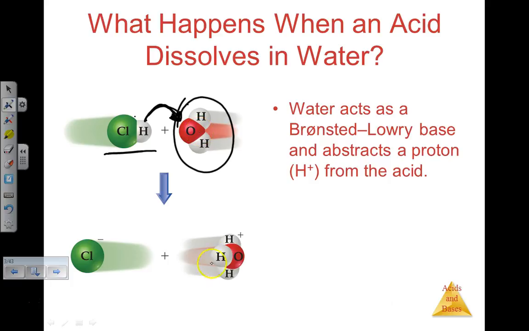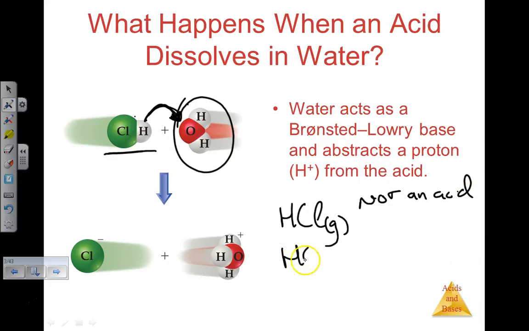And so it's not until this happens that HCl is considered an acid. HCl gas is hydrogen chloride, not an acid. But then HCl aqueous is an acid.